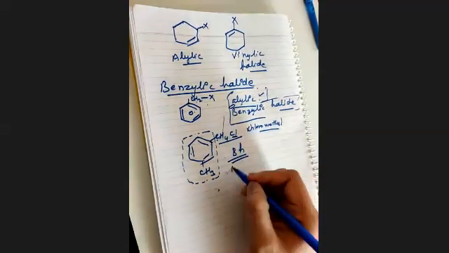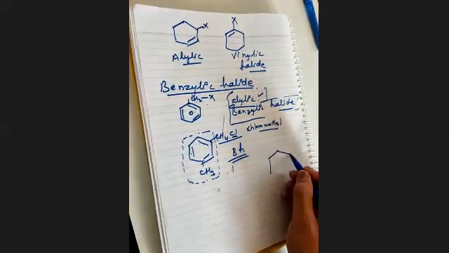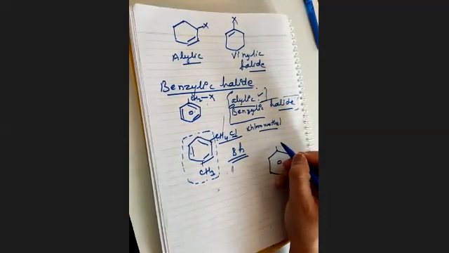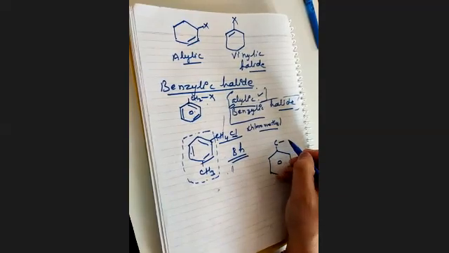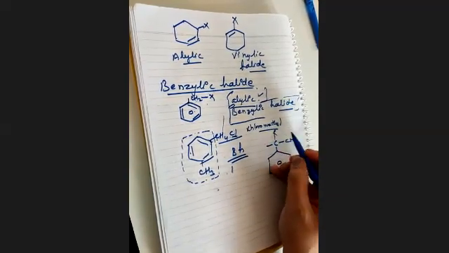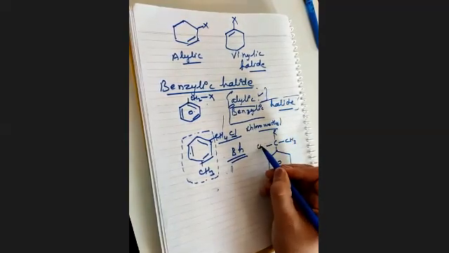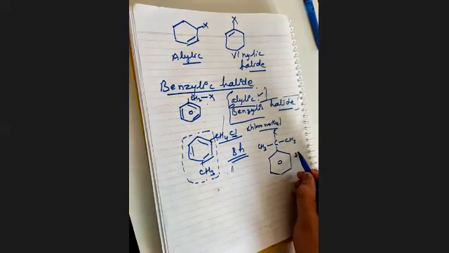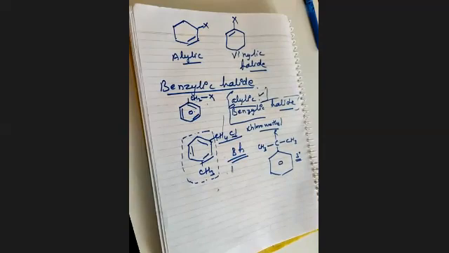Okay. Let me give you one more example. The tertiary benzyl halide. So here you can write any alkyl group or you can write methyl. For example, I'm writing methyl group here, an alkyl group here, and this is also a methyl group. Same thing, you can attach anything. So this is a tertiary type of benzyl halide.